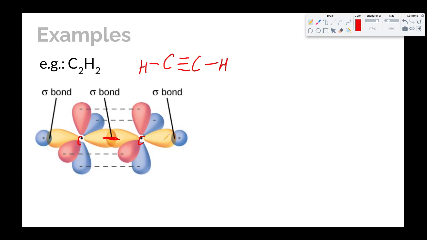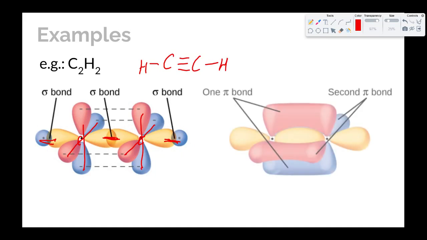And then the other sp hybrid orbital is going to overlap with a hydrogen's unhybridized 1s there and there to make those bonds. And then we have an unhybridized p here and here from the 2 atoms, and then each one is going to have a second unhybridized p orbital, just like in nitrogen. And those are going to overlap to make the 2 pi bonds.